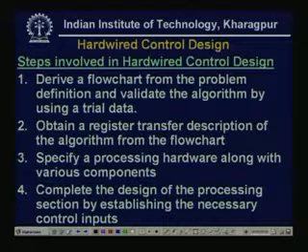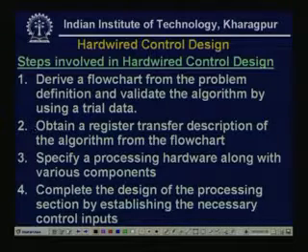Now, validate the algorithm by using a trial data. That means, whether it is a correct algorithm or not, whether the flowchart we have got from the problem definition is giving the right result or not, that we have to validate.